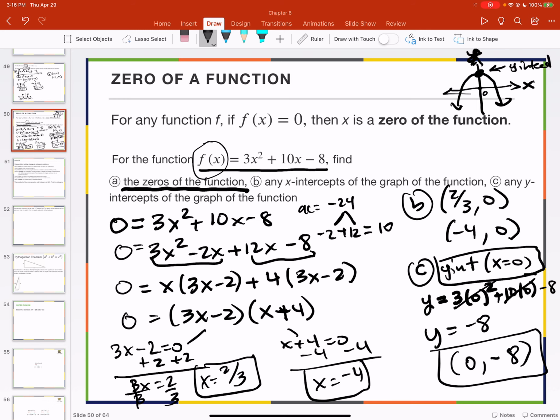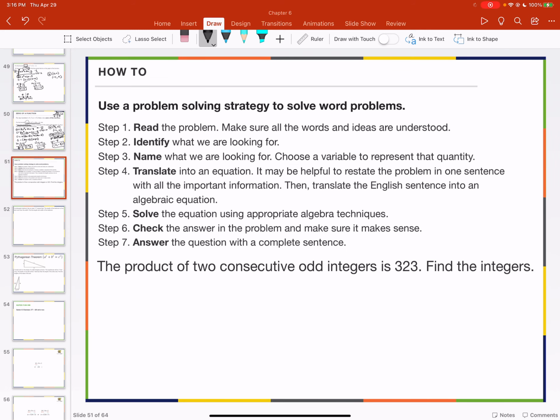Okay. All right. So we're going to talk a little bit about word problems. How would we use this to solve word problems? Of course, we know the steps. We need to read the problem, make sure we understand all the words and ideas. Then we identify what the problem is asking me. That's usually what your variable is.